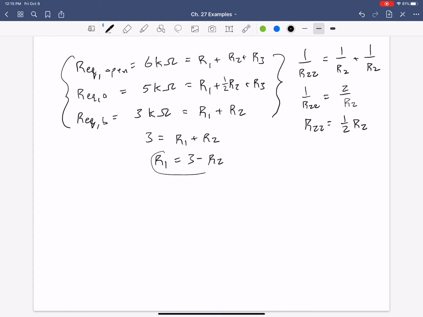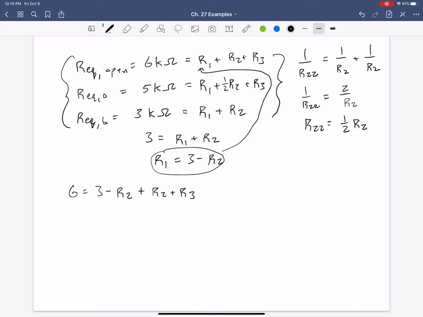And so this expression right here, I'm going to plug in to the first equation for R1. And so that gives me 6 equals 3 minus R2, that was what we just plugged in. And then the rest of the first equation was plus R2 plus R3.